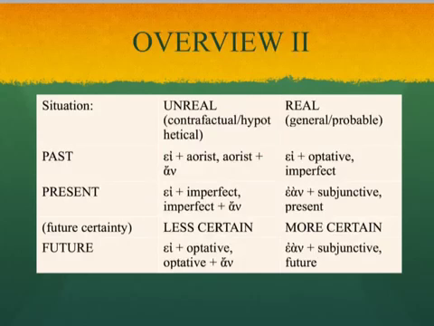In the future, that's the future less vivid, the less certain future, ei plus optative plus an. And those are contrasted with the much more real or probable ones, which gives you in the past the past general, ei plus optative with the imperfect in the apodosis, in the present ean plus subjunctive with the present in the apodosis, and then in the future the more certain version of the future, ean plus the subjunctive and the future indicative in the apodosis.